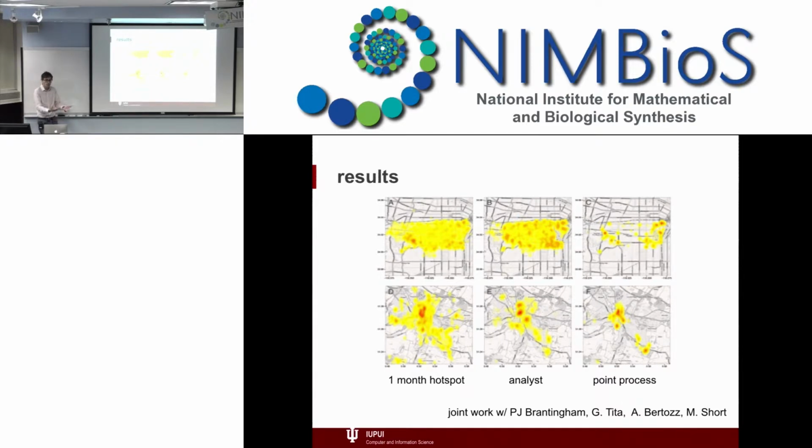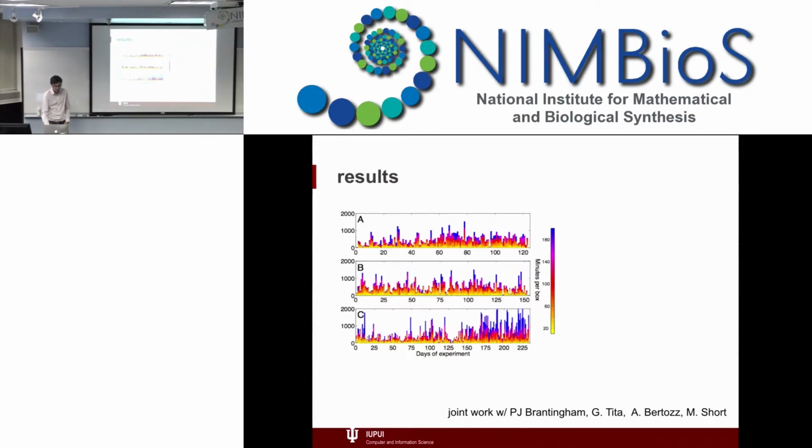The analyst is overcompensating towards contagion, but it's really this background Poisson process that was focusing these police efforts.